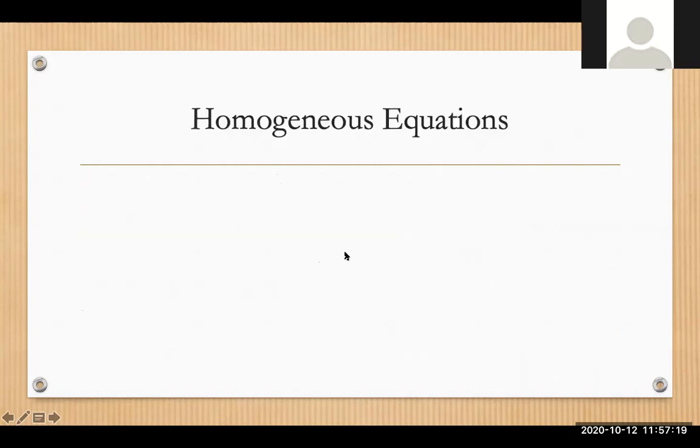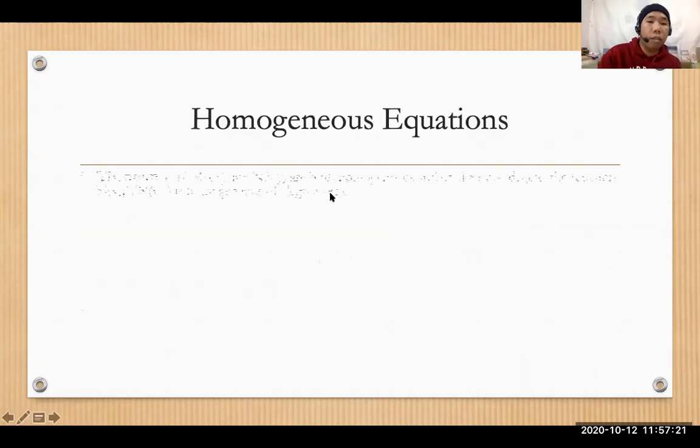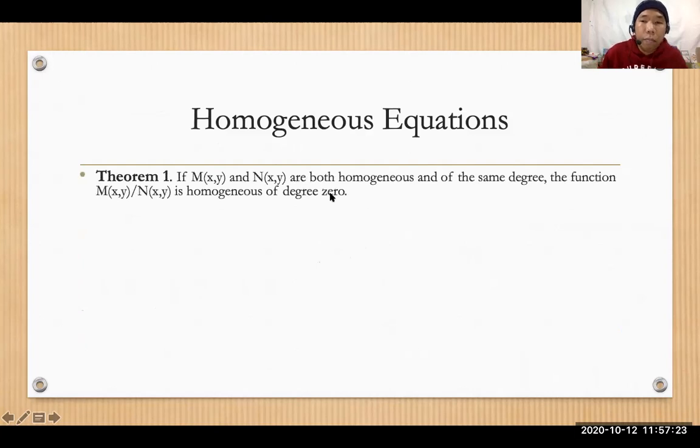Solving homogeneous equations. Okay, so in our theorem in differential equations, if M, a function of x and y, and N, a function of x and y, are both homogeneous and of the same degree, the function M over N is homogeneous of degree 0.